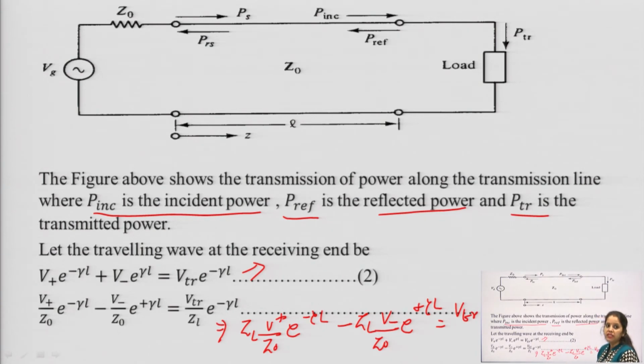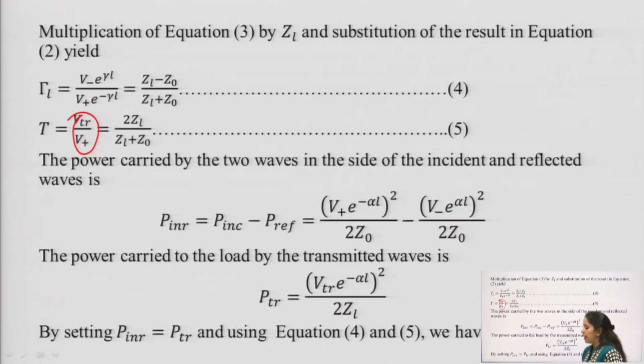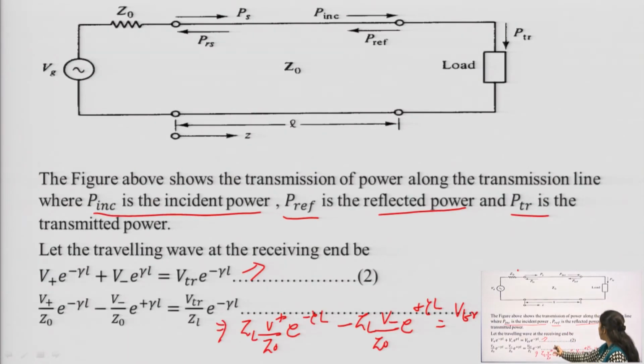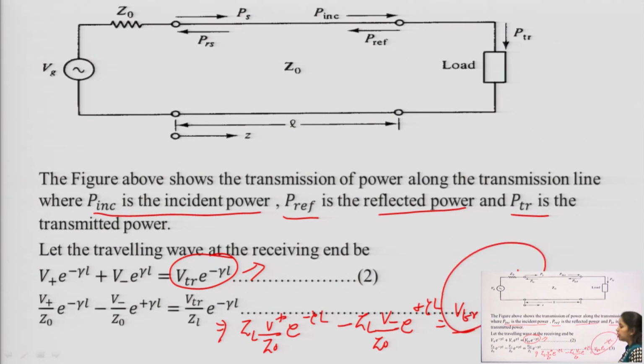When we multiply with ZL, this ZL gets cancelled and we have the VTR e to the power minus gamma L. Then we have to substitute this result in equation 2, because equation 2 in the RHS contains VTR e to the power minus gamma L, and in equation 3 after multiplying with ZL the RHS again has VTR e to the power minus gamma L. So, we can easily substitute.